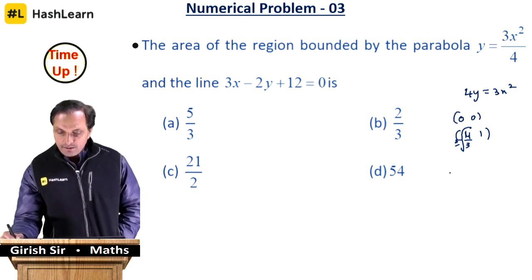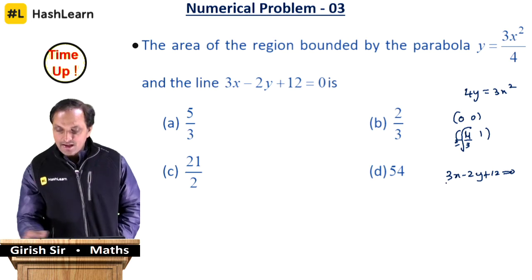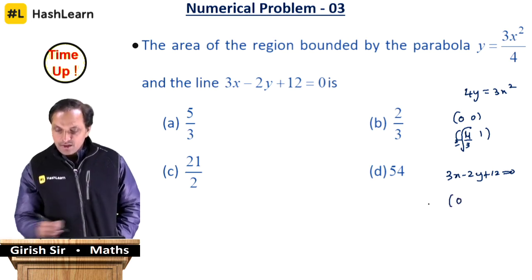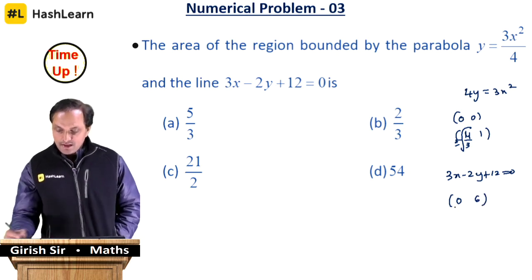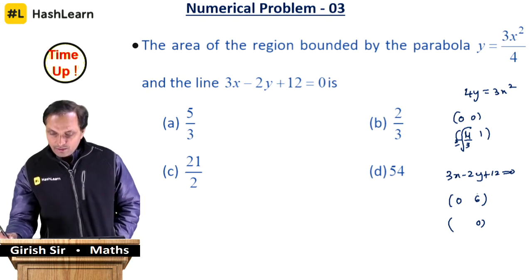And this is what your 3x minus 2y plus 12 is equal to 0, a straight line. When you put x as 0, what happens to y? That will give you y is equal to 6. Then put y as 0, x will be equal to, 4 3s are 12, that is minus 4.